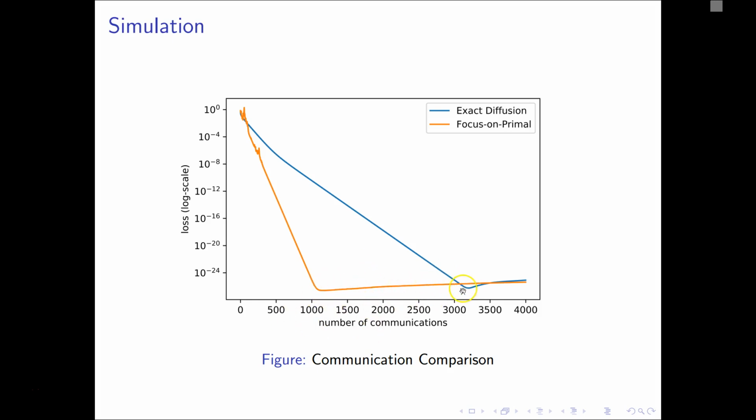So reducing this problem, which is least squares in this case, from 3,000-ish communications to 1,000 communications. And the loss here is on a log scale, so you see the linear convergence happen in both cases.